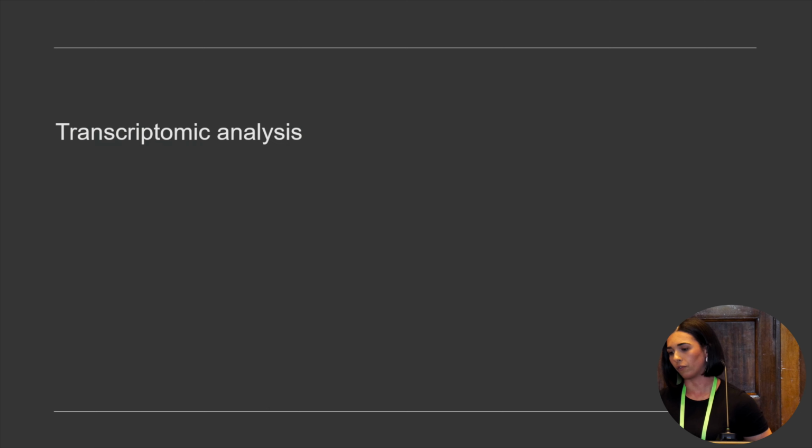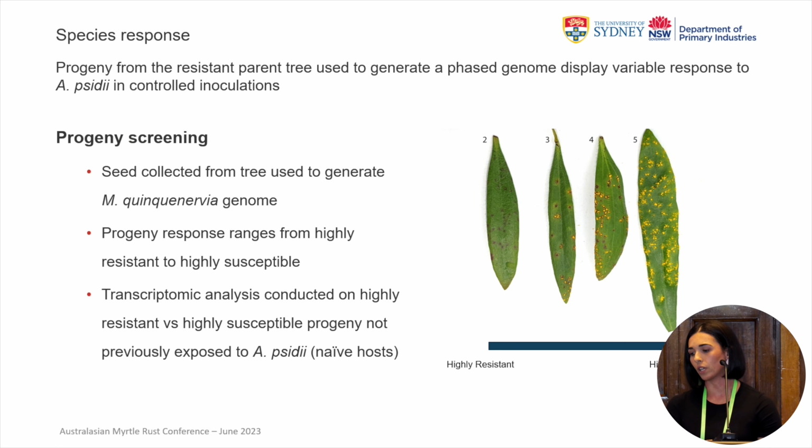So my work has really focused on trying to now identify some of those genes that are conferring resistance to myrtle rust. So I've taken a bit of a different approach in this, in the sense that I am looking at the progeny from the Melaleuca quinquenervia that we used to generate the genome.